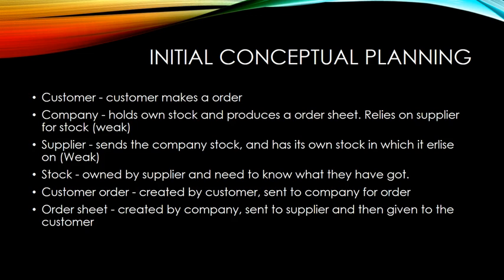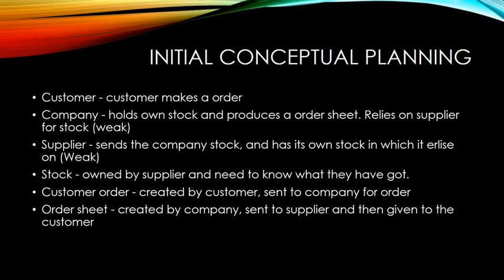Next, we have the initial conceptual planning, which goes through how the customer makes the order. The company holds its own stock, and also requests it from the supplier, on whom they rely for stock, meaning it's a weak entity. The supplier sends the company stock.